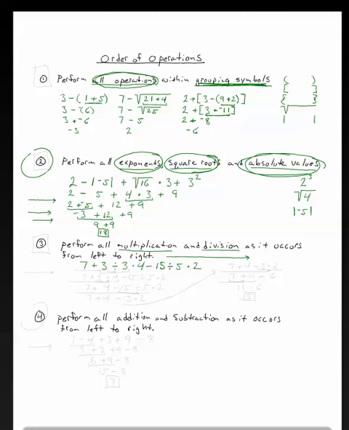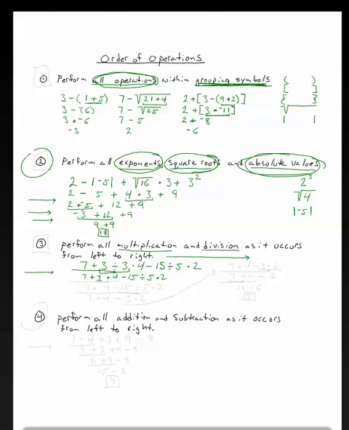So I'm going from the left to the right, and I'm looking for the first multiplication or division I find. And when I go from the left to the right, the first thing I find is this division, 3 divided by 3, which is 1. So I have 7 plus 3 divided by 3 is 1 times 4 minus 15 divided by 5 times 2.